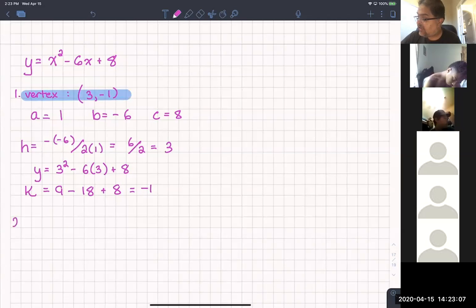Okay, the next thing, axis of symmetry. Axis of symmetry is basically, remember, a vertical line, x equals the x-coordinate of the vertex, which in this case, the x-coordinate is 3. So, there you go.